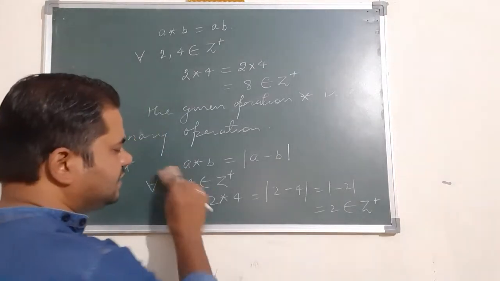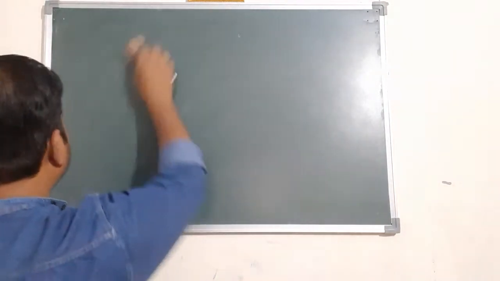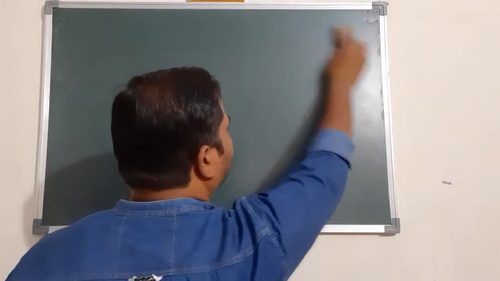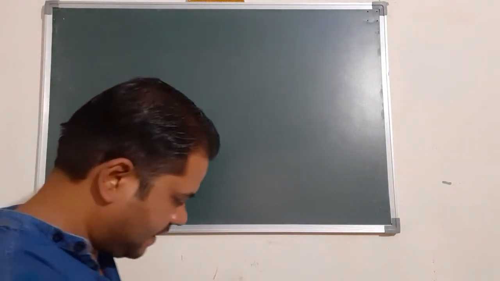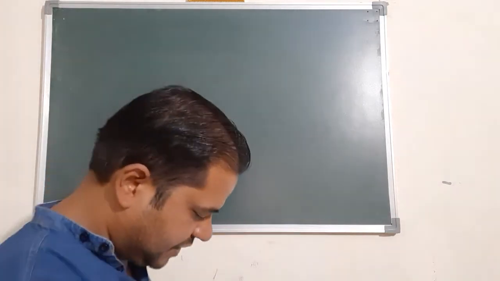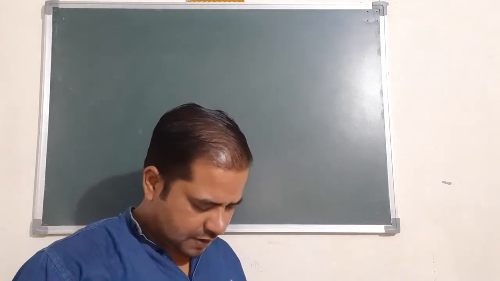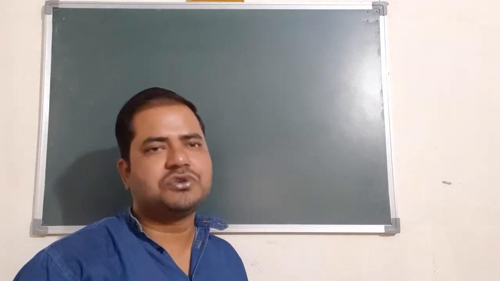Okay, now see the second question. In the second question, for each operation star defined below, determine whether star is binary, commutative or associative.